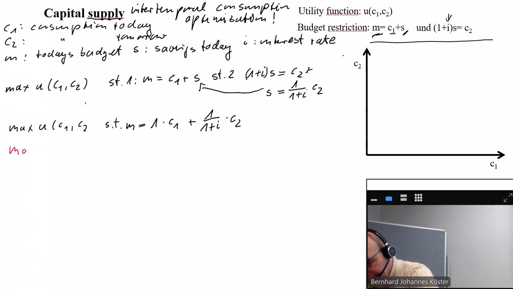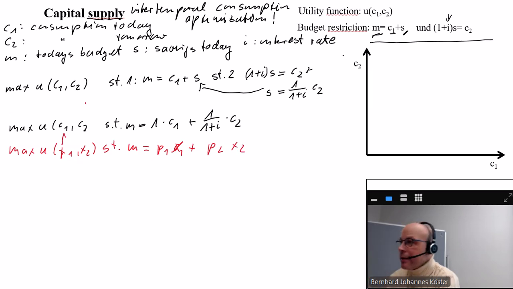With our household problem, maximize utility of x1, x2, subject to m equals p1 x1 plus p2 x2. And again, I see x1 coincides with c1, x2 with c2, m with m, p1 with 1, and p2 with 1 over the interest rate factor.